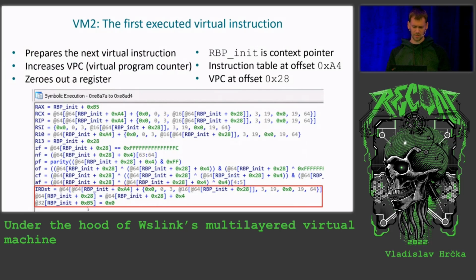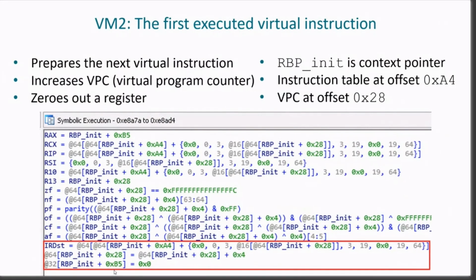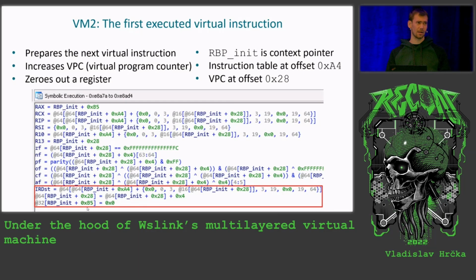What happens here is that the destination address is set to this pretty long expression, but we know that RBP init contains a pointer to the virtual context, and A4 is the offset of a table of the instructions, and RBP init plus 28 contains the pointer to the bytecode, which means that this decides based on the bytecode what next instruction will be executed.